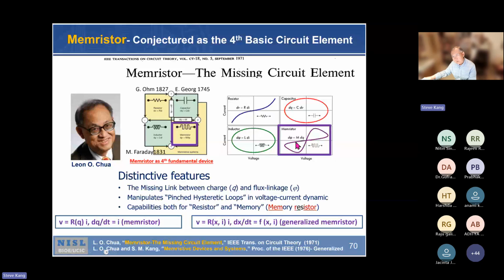When you are in this region, resistance is lower, so it's highly conductive versus lowly conductive. Again, here the resistance is high, what is called the high resistance state. Here is the low resistance state, LRS.